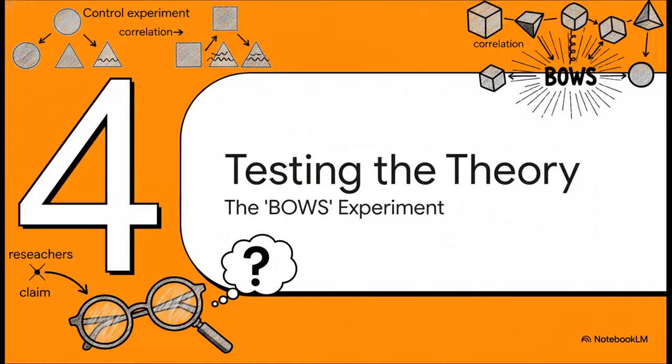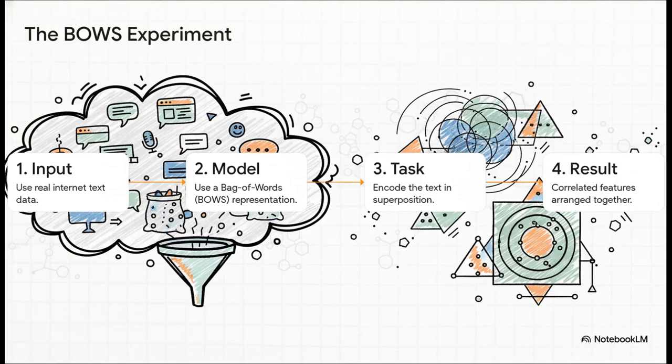Now, you can't just make a huge claim like that without backing it up, right? Of course not. So the researchers set up this really clever, controlled experiment to put their theory to the test. They called it BOWS. So here's what they did. They took real text from the internet, which is obviously full of words that are related to each other. They fed it into a pretty simple model. It's called a bag of words model, which basically just counts how often words appear.